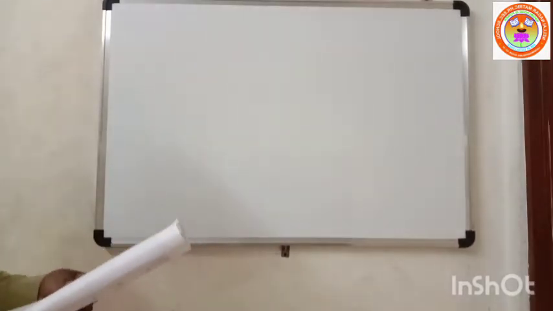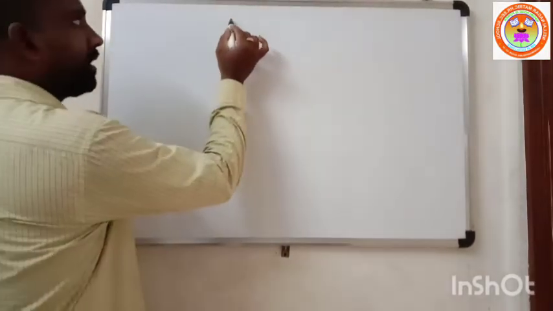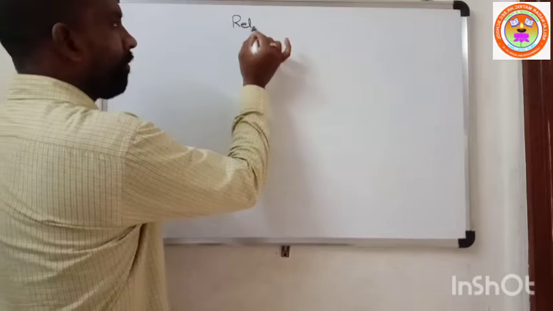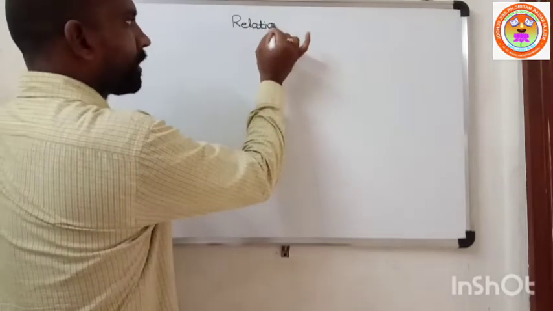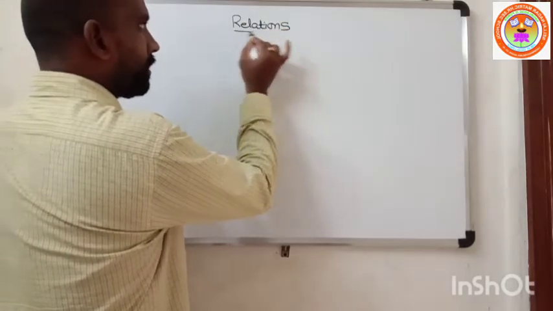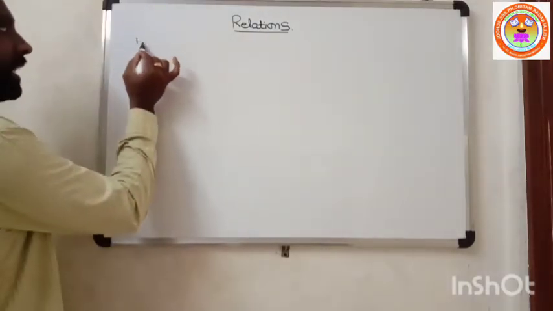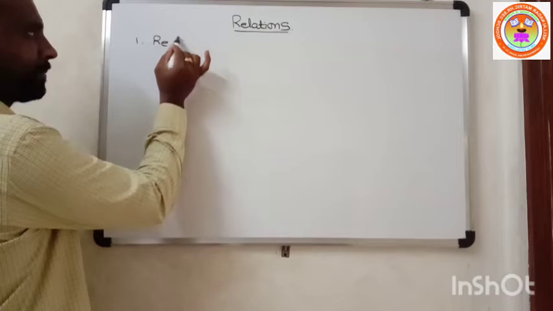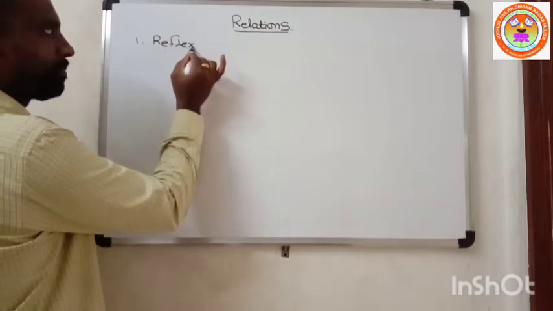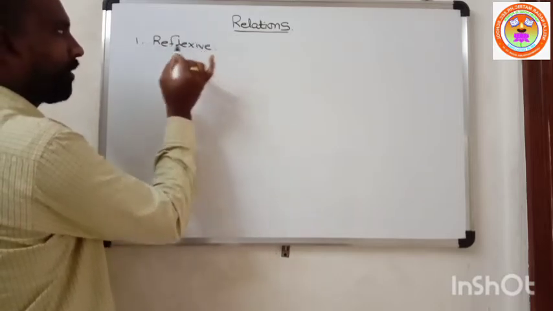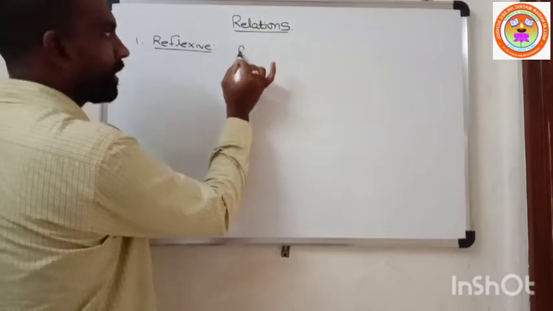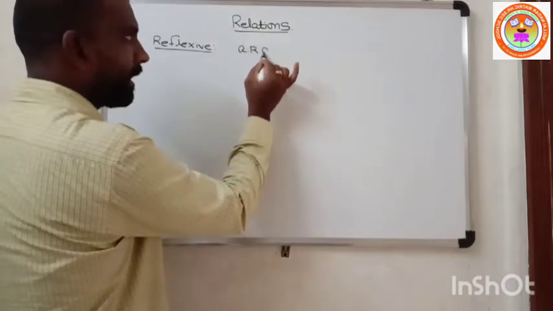I will go into the next exercise. The topic is relations. First one is reflexive. Reflexive means a related a.